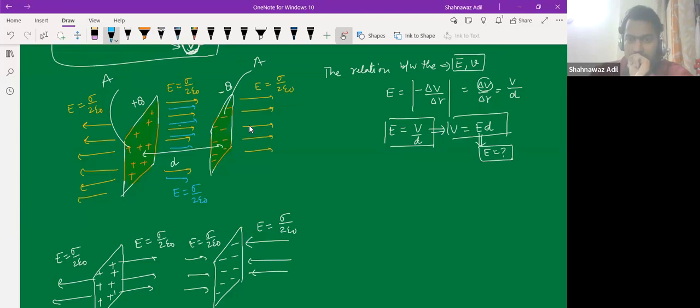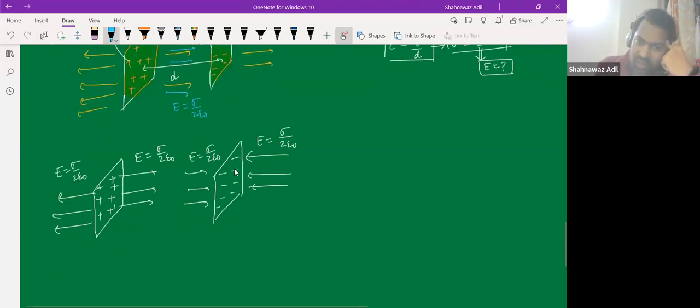Sir, it will go in both directions, because I'm asking: due to this minus Q on this side, would the electric field lines be outgoing or incoming? Sir, outgoing. This is minus, so that would be attractive, right? So incoming. Yes, yes. They'll go in opposite directions.